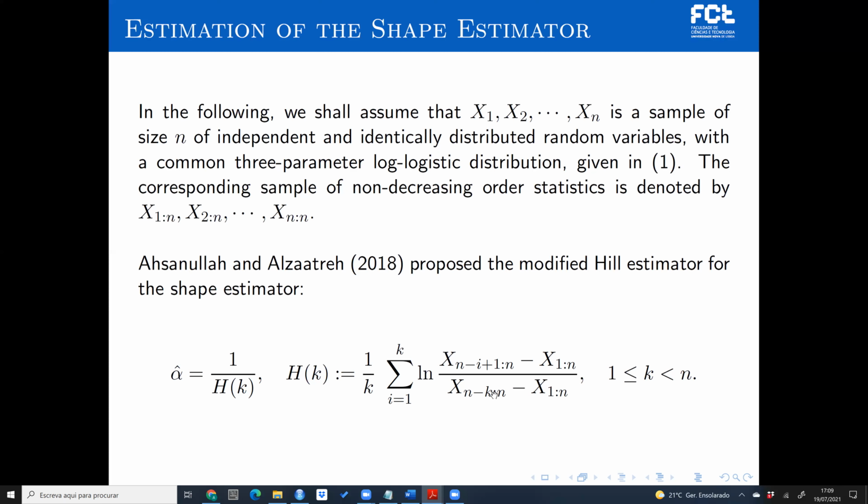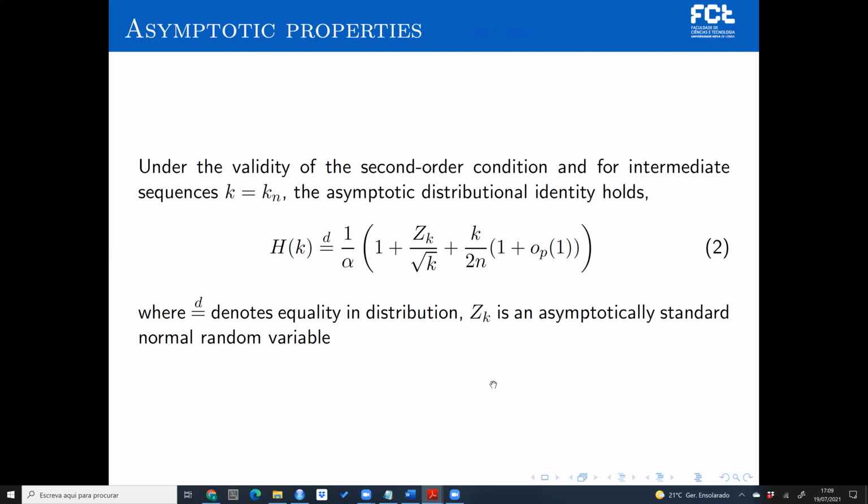As already said, in order to make it both shift and scale invariant. We deduced its asymptotic distribution. So, under the validity of the second order condition and for intermediate sequence K, the asymptotic distribution identity holds, where Zk is an asymptotically standard normal random variable.